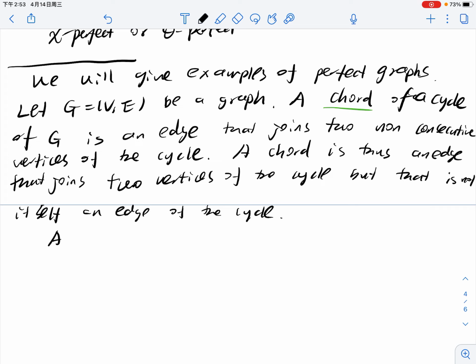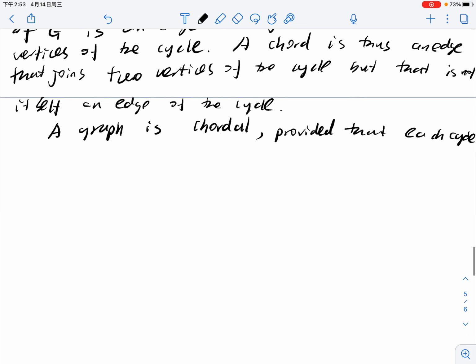And a graph is chordal provided that each cycle of length greater than 3 has a chord.